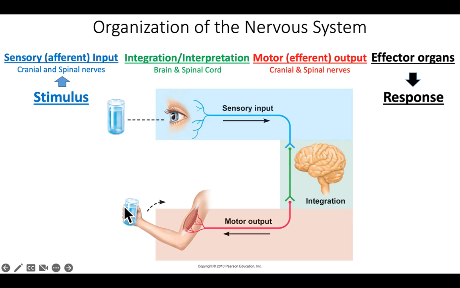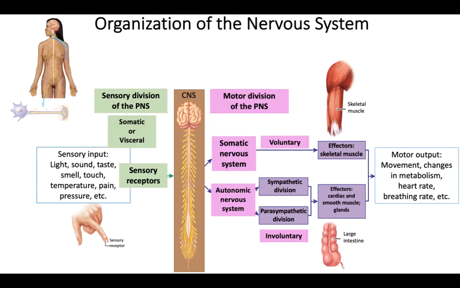So this is a simple way to look at how the nervous system works, but this is how most of the information passes through our nervous system. It goes from stimulus to sensory neuron to integration in the brain or CNS and spinal cord, motor, effector, and then the response.